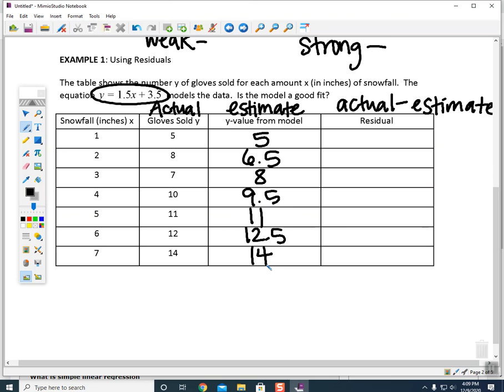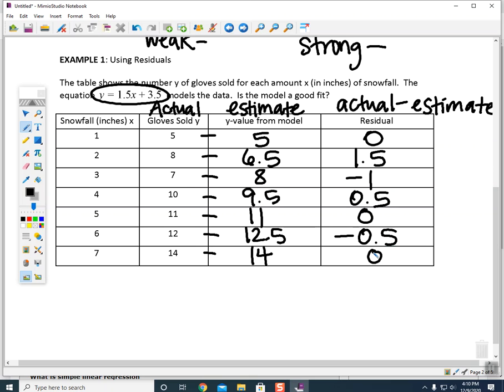Now what it wants me to do is calculate my residual. So I'm taking my actual minus my estimate. So 5 minus 5, 0. 8 minus 6.5, 1.5. 7 minus 8, negative 1. 10 minus 9.5 is 0.5. 11 minus 11, just 0. 12 minus 12 and a half, negative 1/2, and then 14 minus 14 is 0.